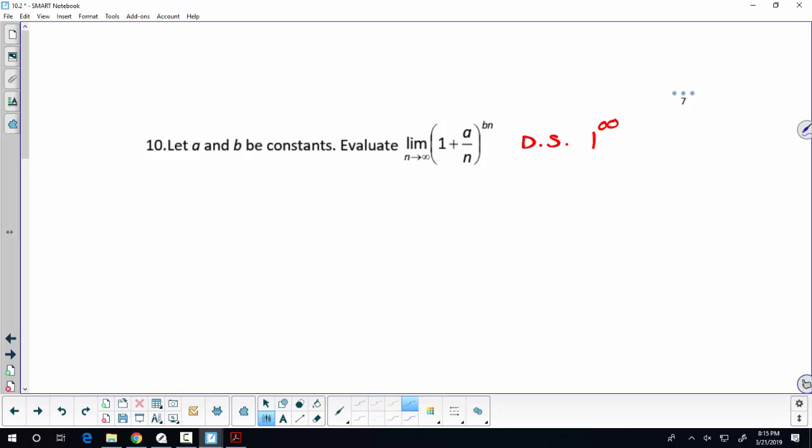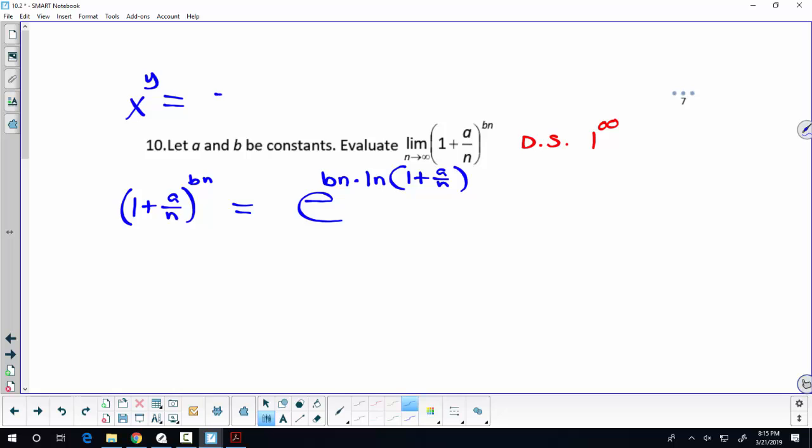So we've got to take the (1 plus a over n) to the power of bn and rewrite that as e to the b times n times the natural log of 1 plus a over n. And see here we're using x to the y is e to the y times the ln of x.